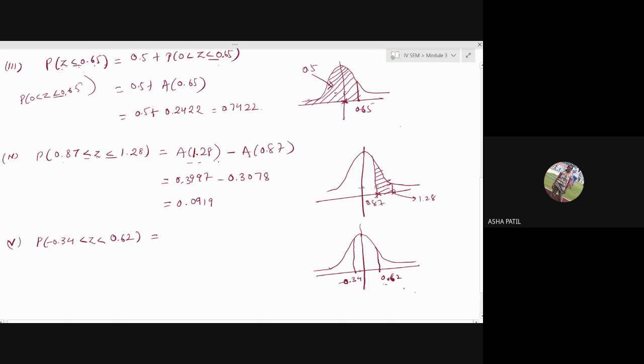Let us take it in the positive quadrant. Minus 0.34 is in the negative quadrant. Now we want the area from here to here. How to go for this?